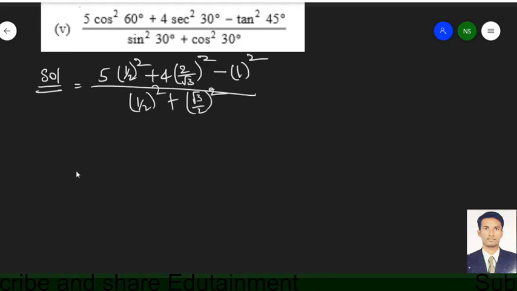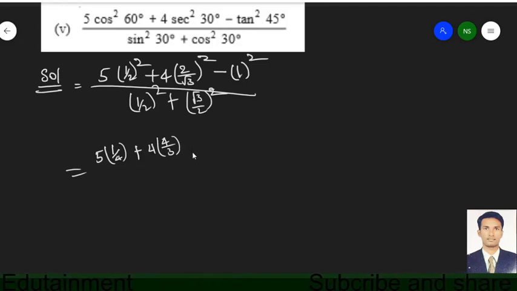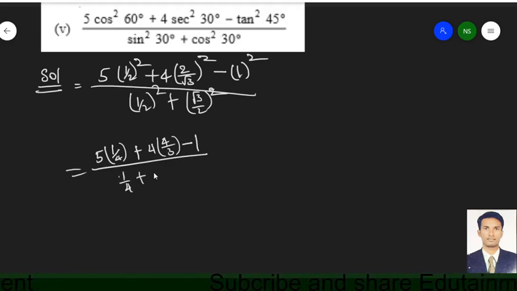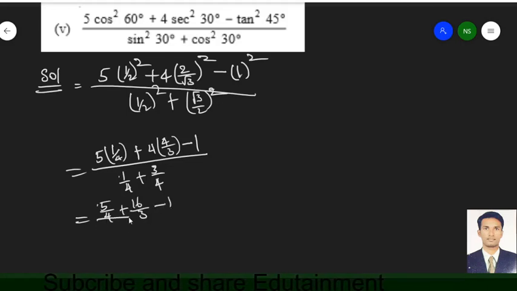Let us simplify this one. 5 into 1 by 2 whole square is 1 by 4, plus 4 into 2 by root 3 whole square is 4 by 3, minus 1 divided by 1 by 2 whole square is 1 by 4, root 3 by 2 whole square is 3 by 4, which is equal to 5 by 4 plus 16 by 3 minus 1 divided by 4 by 4.